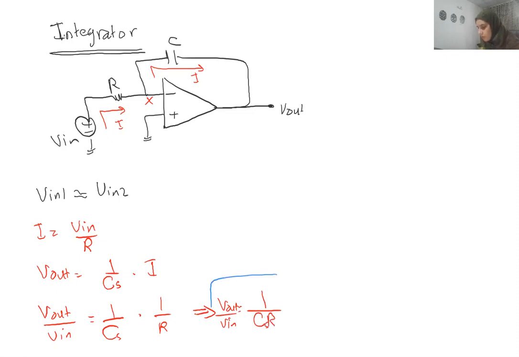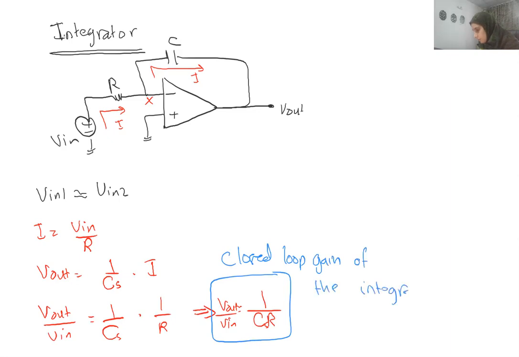So this is the closed loop gain of the integrator. Now, why is it called an integrator? Because the output is basically the integration of the input on the feedback capacitor C.